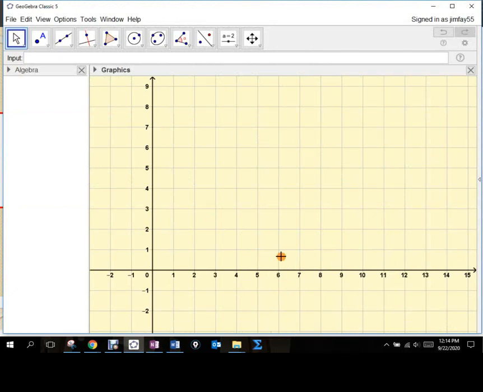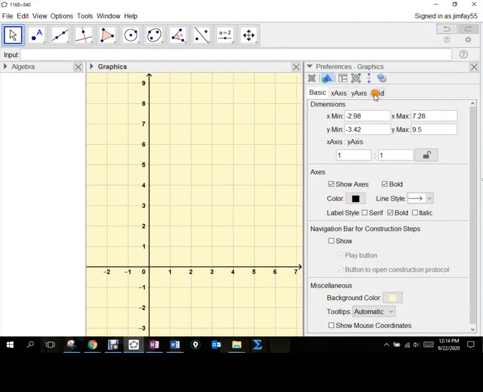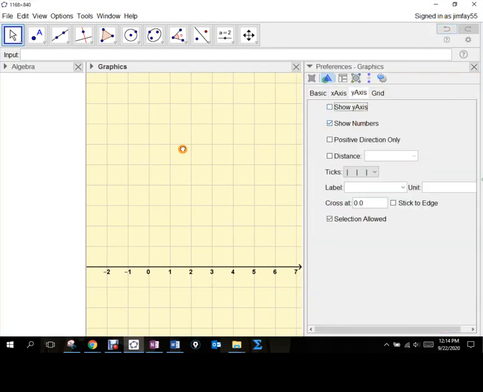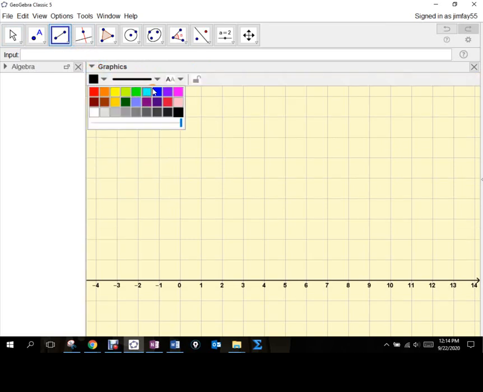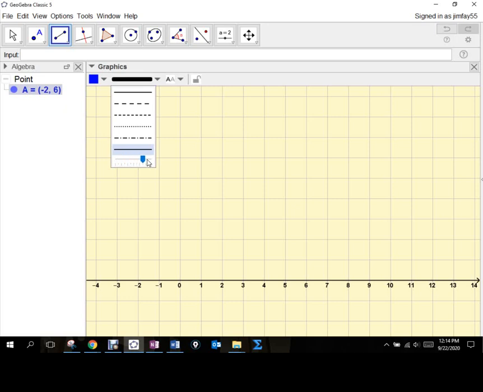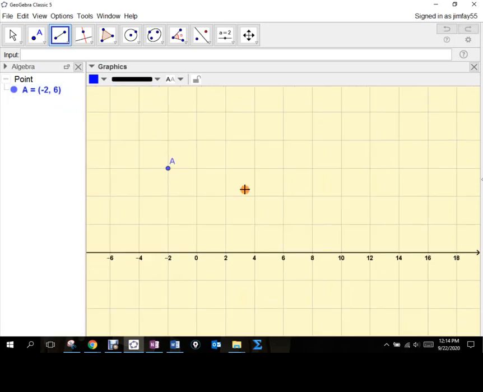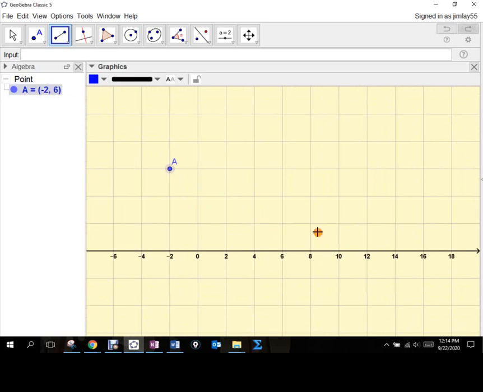Try to get rid of the y-axis here. So if I have a segment, and we will make that segment blue so we can see it a little bit better. And I put one coordinate at 8, and I put the other one at 18, okay?